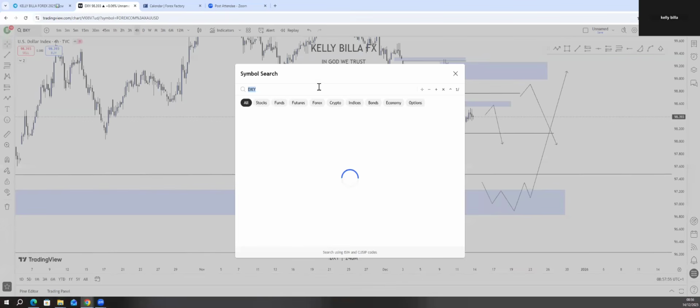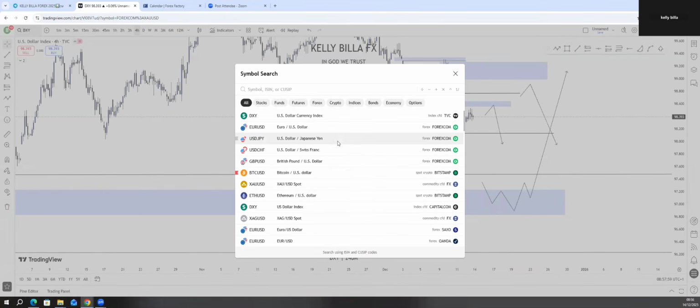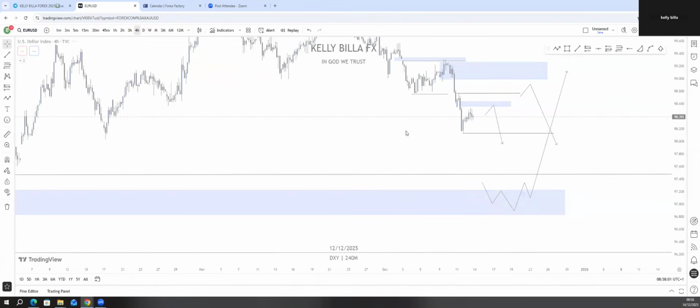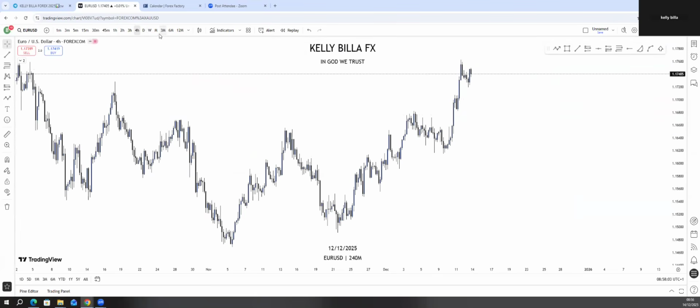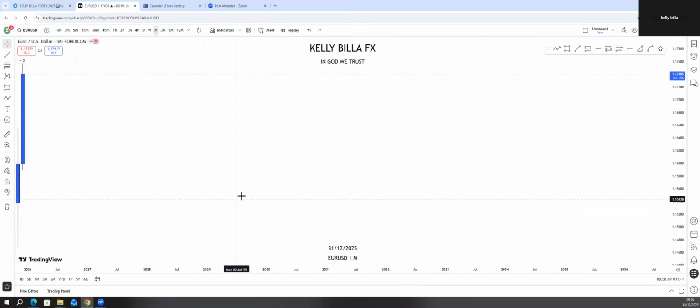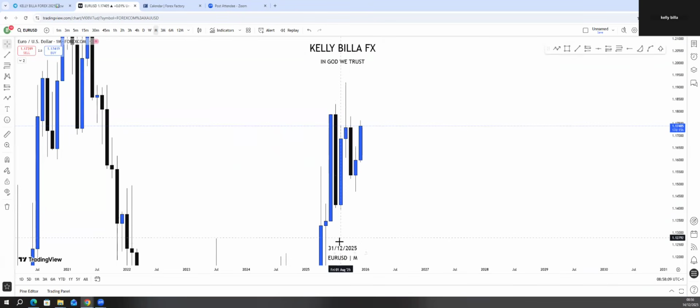Dollar index has already set the foundation for what we are going to have on EURUSD, so we're going to run through EURUSD super fast. Now let's go to the EURUSD monthly time frame. This is Euro monthly. Euro has been really bullish.